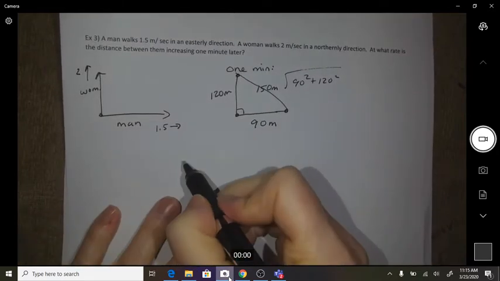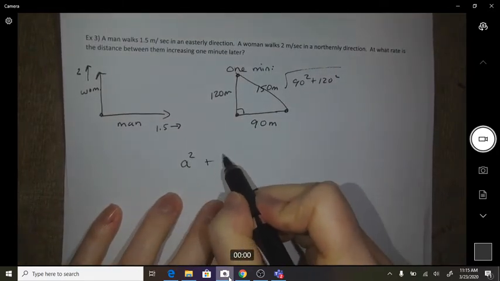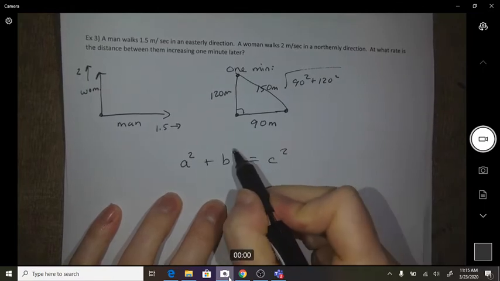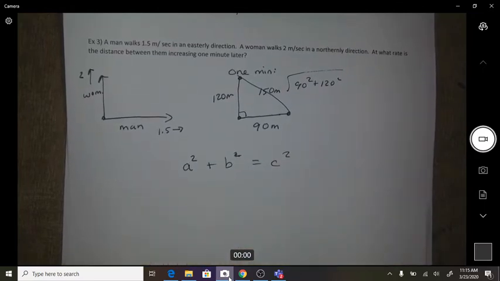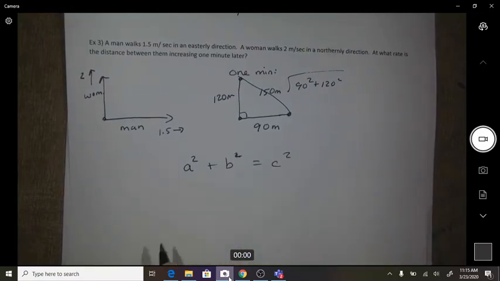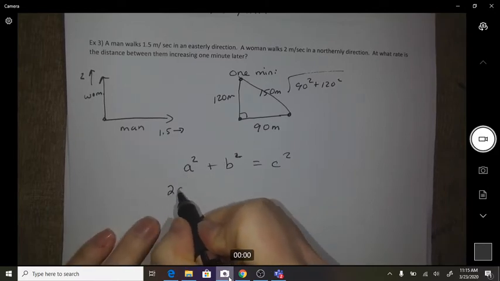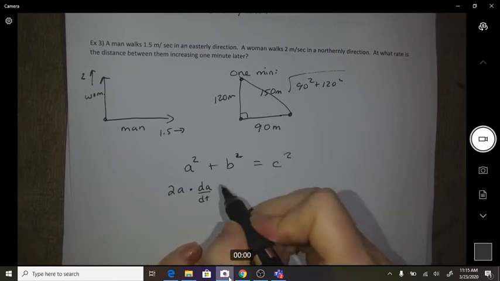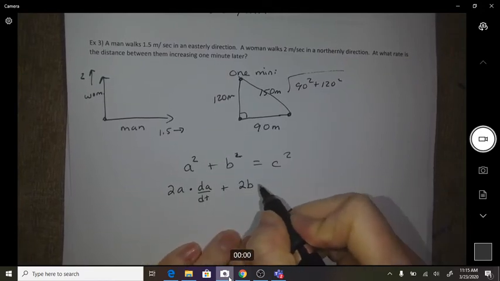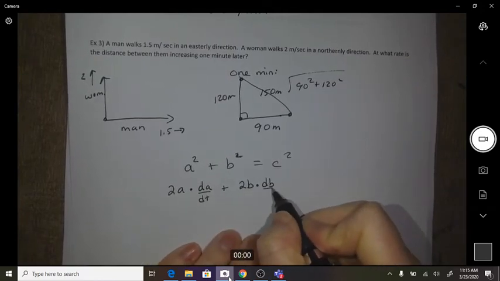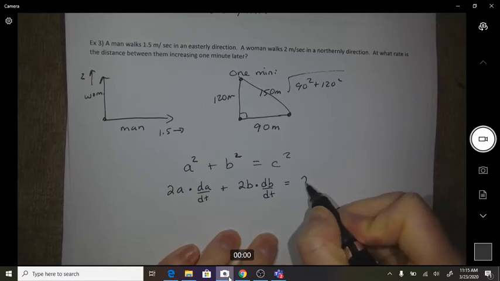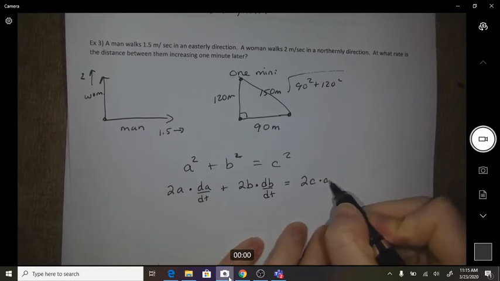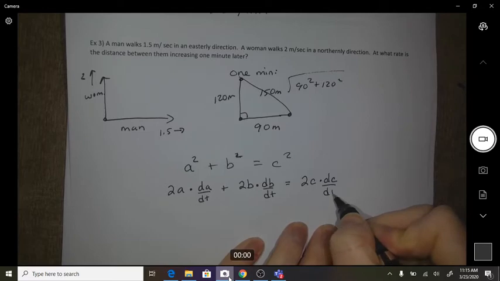Okay, so here's the equation. a squared plus b squared equals c squared. Okay, that's the equation I know about their distances. So I'm going to differentiate it. So 2a times the change of a with respect to time plus 2b times the change of b with respect to time equals 2c times the change of c with respect to time.